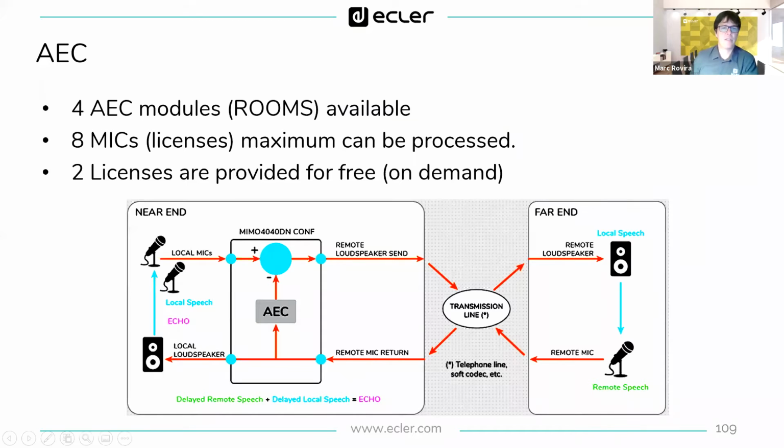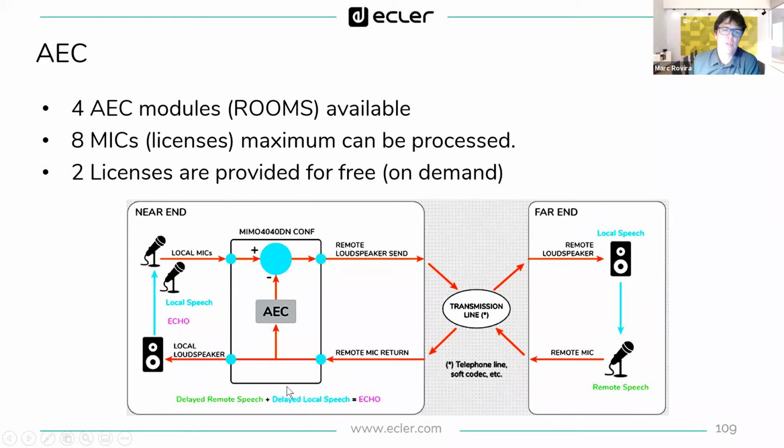Okay, here's a diagram of a regular conference call. We have two sides, the near end and the far end. The near end has its own microphone and its own loudspeaker.